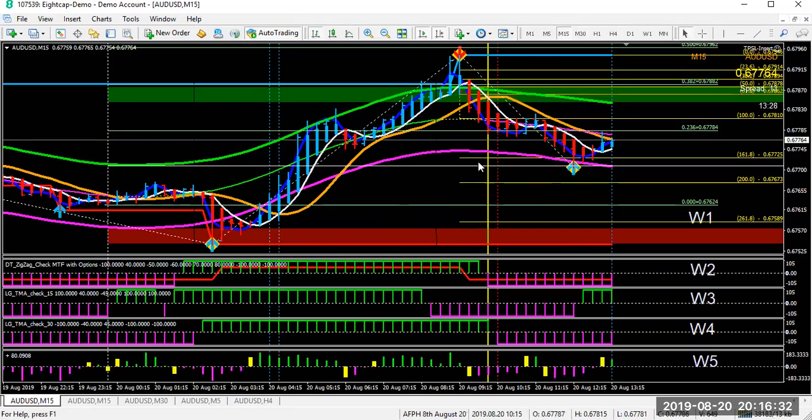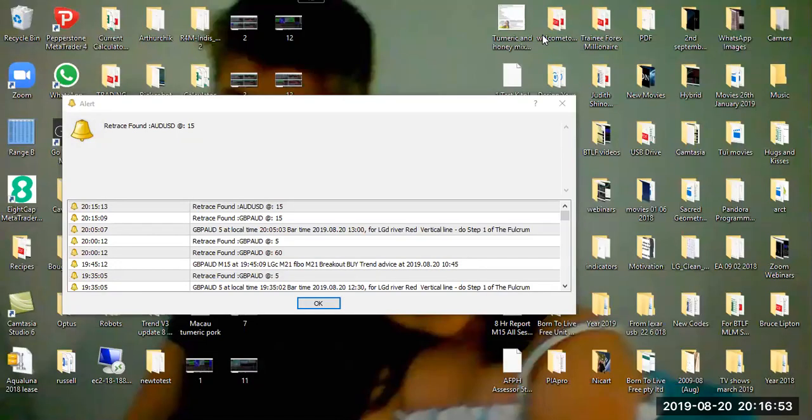And that, okay, so once again, you can see by the time you get the blue line crossing below the white in the 1 hour, we're quite well into our trade on the 15 and our 5. Okay. So really, when a trade comes, there shouldn't be any surprises.